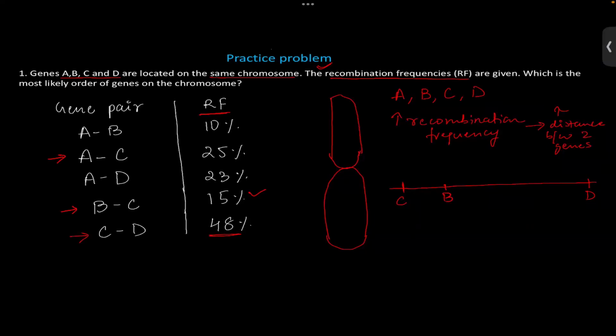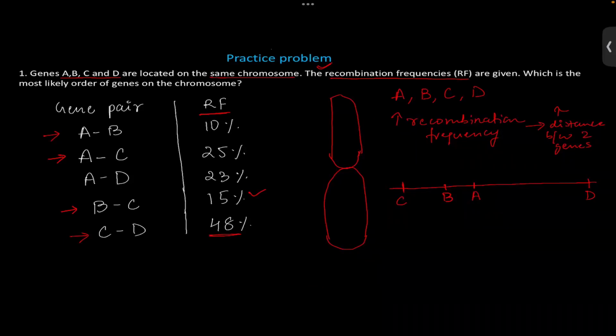Now we know the positions of B, C, and D, and we have to place A. For the pair AB, the recombination frequency is 10%. That means gene A is very close to gene B, so we place it somewhere close to gene B.